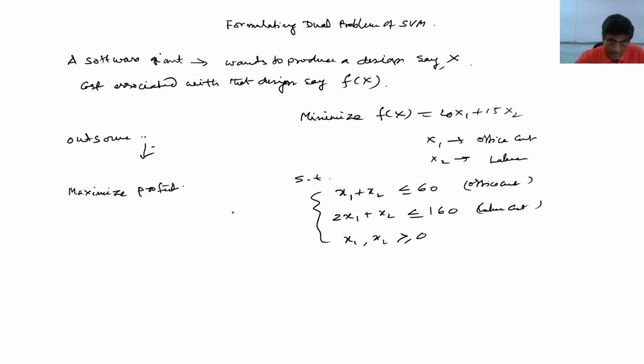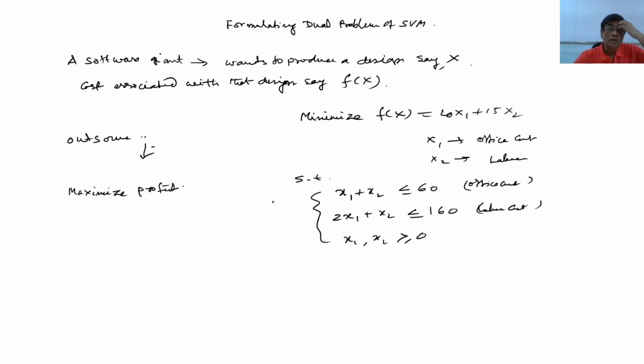And they will then have to reformulate their objective function. Their objective is what? I will get this amount of money from my outsourcing company, but still I will try to maximize my profit within this minimum value.